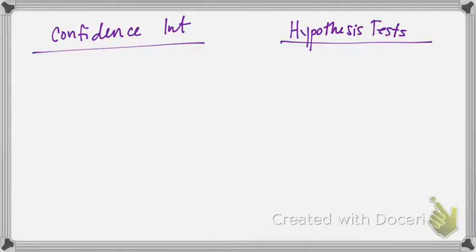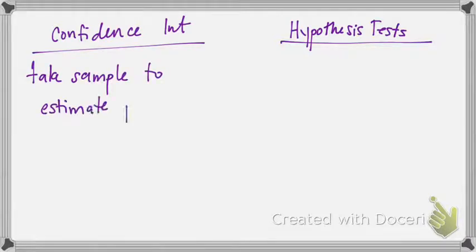So we take a sample to estimate the population. So Cameron and Tatum, y'all measured the amount of sleep for PCA seniors. The population would have been all PCA seniors. There's 120 of them or so, right? But y'all did not sample every single one of them.